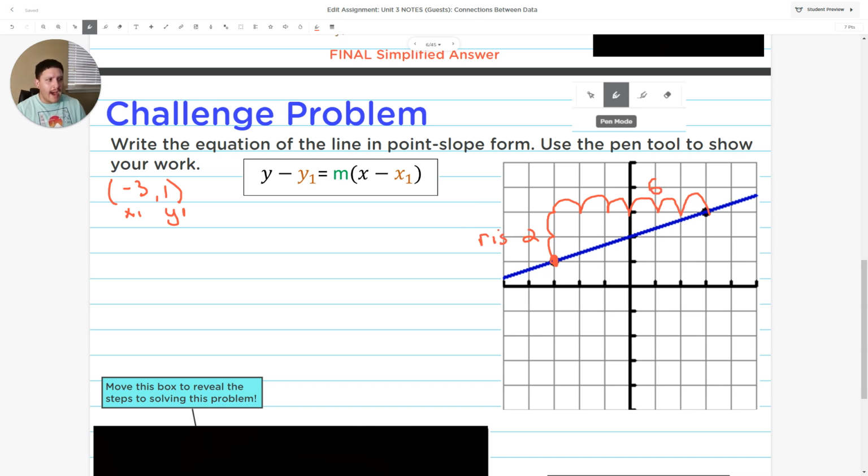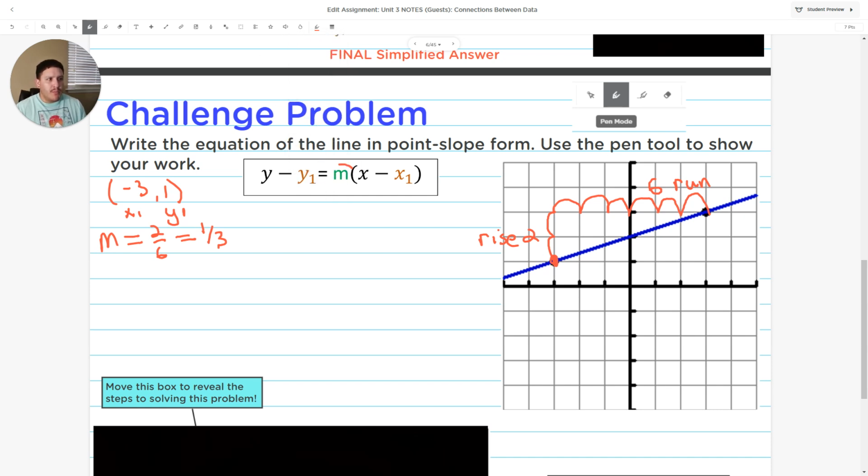So my rise is 2. And my run is 6. So my slope is equal to 2 over 6, which really, if you plug it into your calculator, will reduce to 1 over 3.